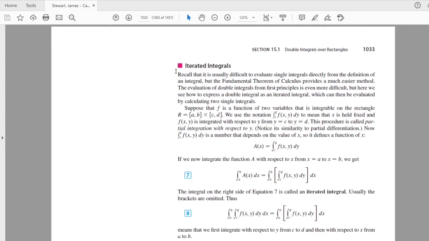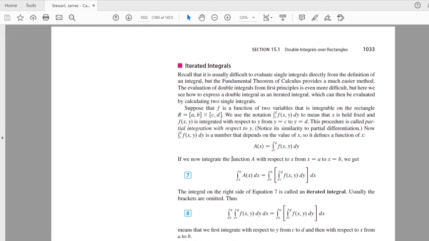I misspelled that. The idea here is we have an area in the plane that is represented by that rectangle. So we find the area of that rectangle, and you can pick either A, B, or C, D. In the case of the book, they picked C, D, going this way along y.